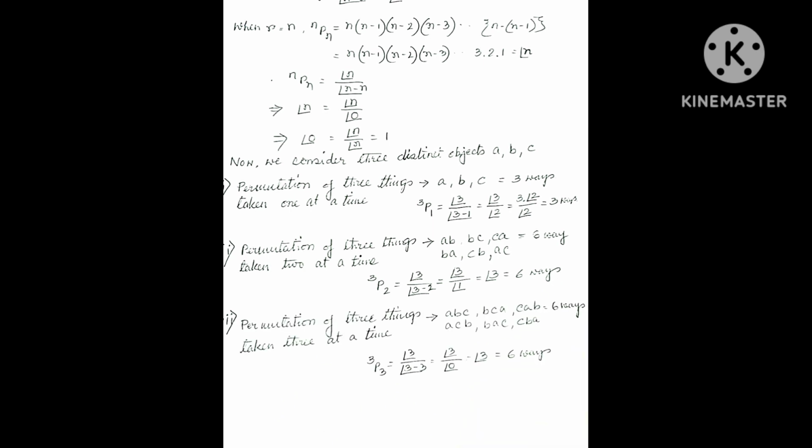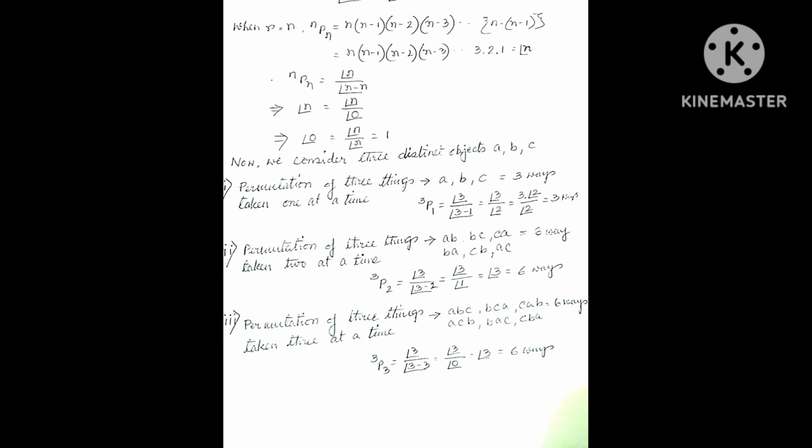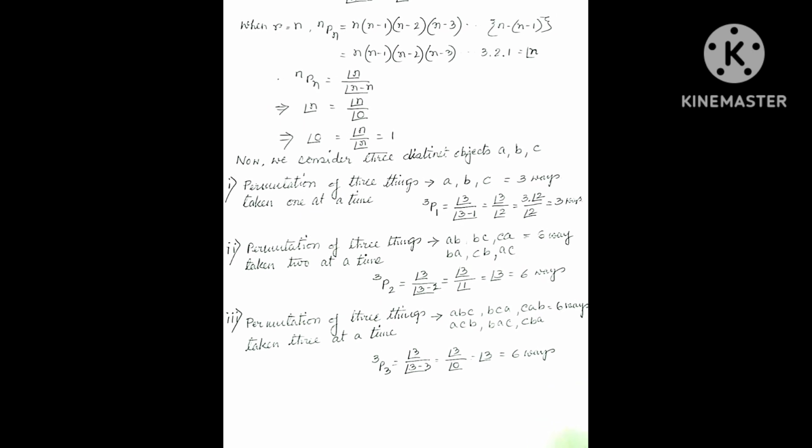The last finding is the permutation of three things taken 3 at a time. Now, the general arrangements are ABC, BCA and CAB. And the other three arrangements are ACB, BAC, CBA, equal to 6 ways.